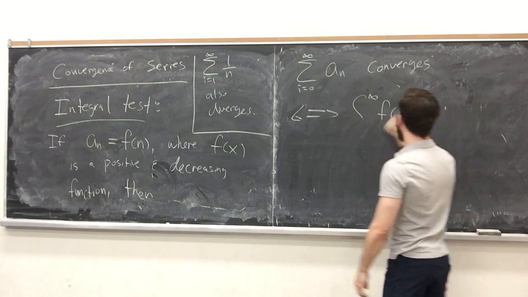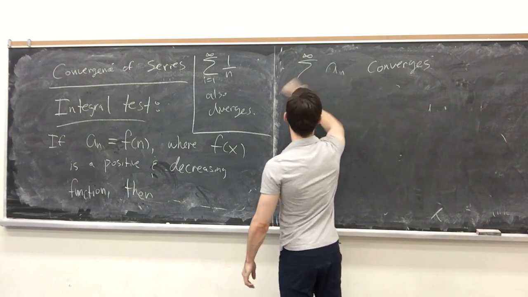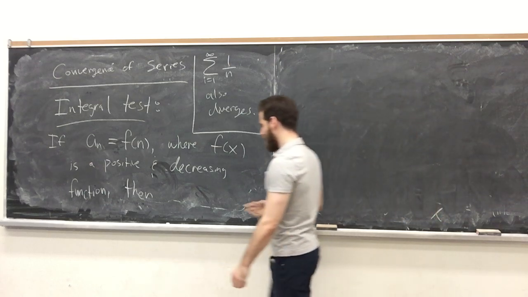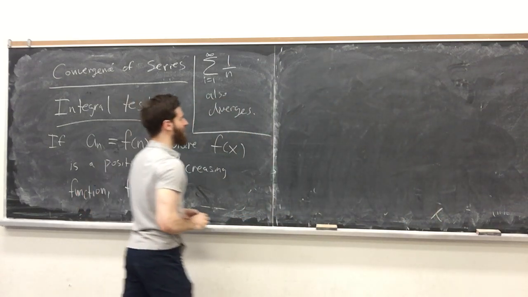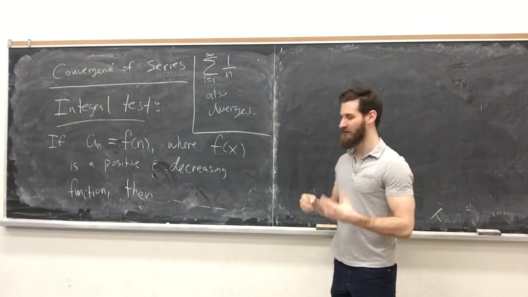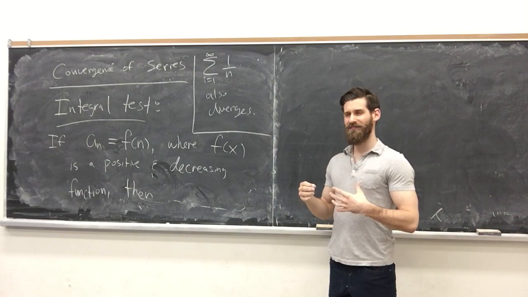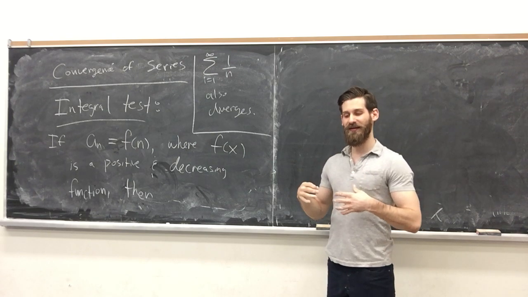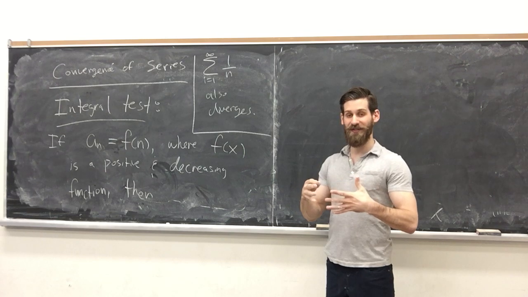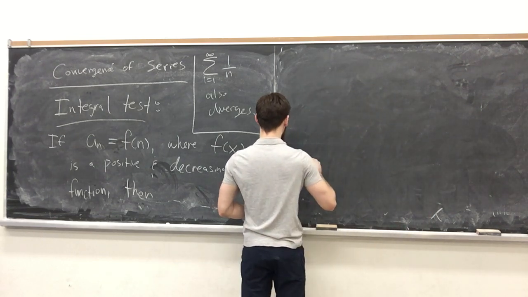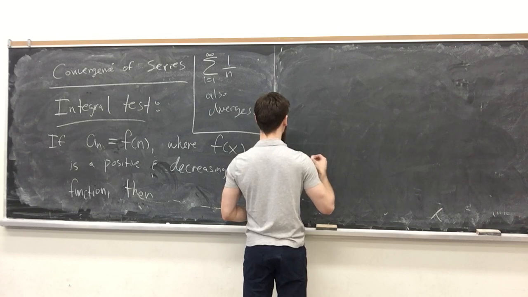Okay, so now what else? There's a nice picture in the textbook. Maybe I'll just draw it out. The idea behind the explanation behind the integral test is, it's like how you could approximate the area under a curve by a Riemann sum, which is a finite sum. It's the same idea, basically. I'll do one direction.